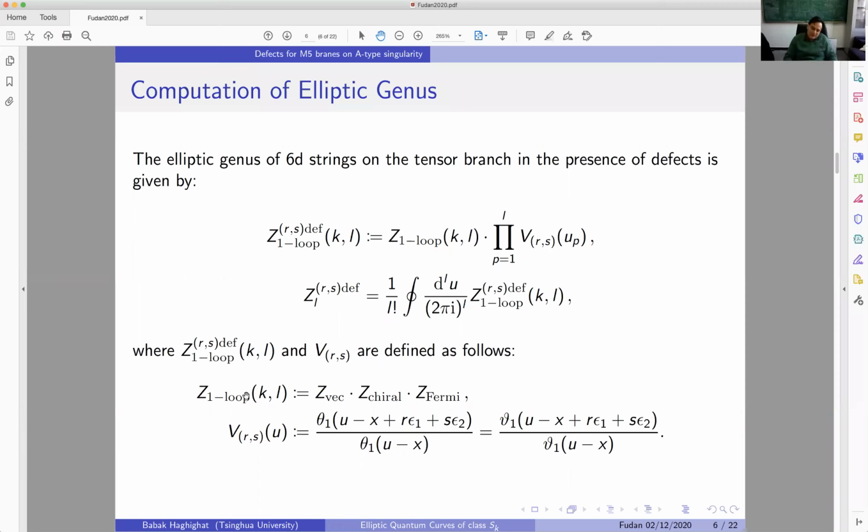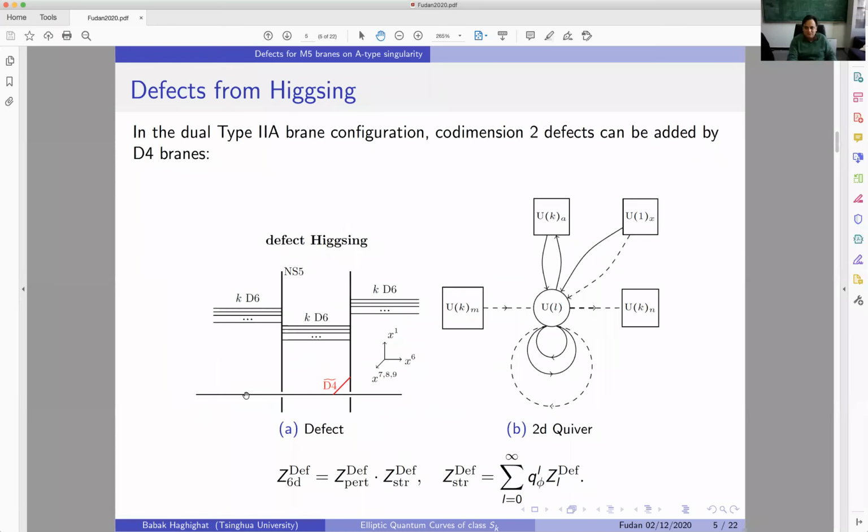I have one question. Can you go back to the previous slide? Yes. Which direction is the T2 direction? You consider 6D and the torus. This is in the world volume of these NS5 branes. It's not depicted here.